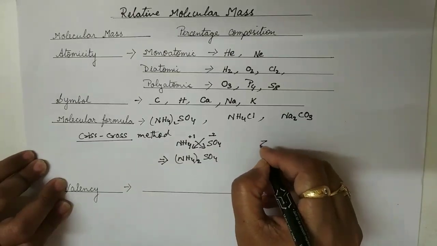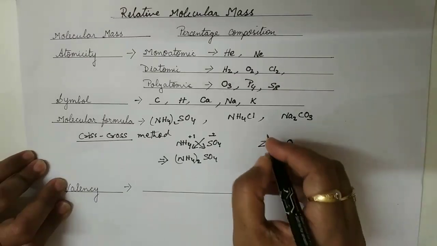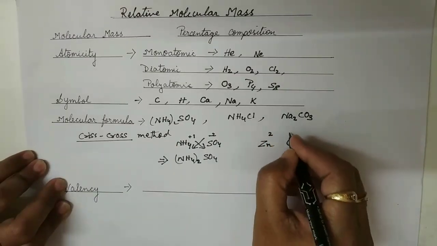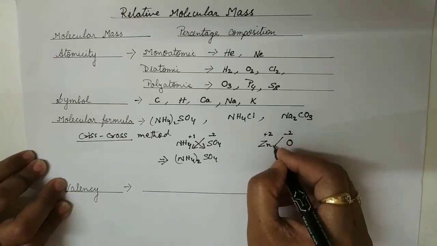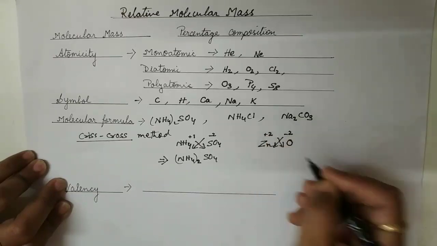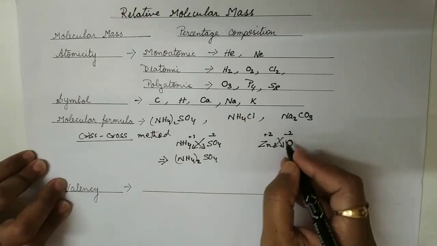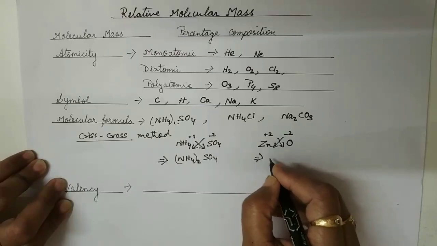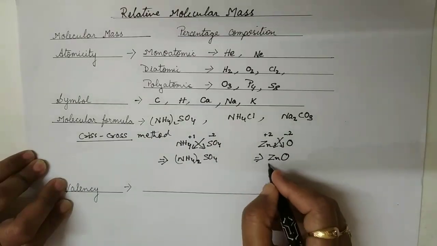So when it is zinc, Zn. When it is oxide, O, valency 2, cation, anion. When you criss-cross, you have 2. The HCF is 2. When you divide, it becomes 1. So the answer is zinc oxide.